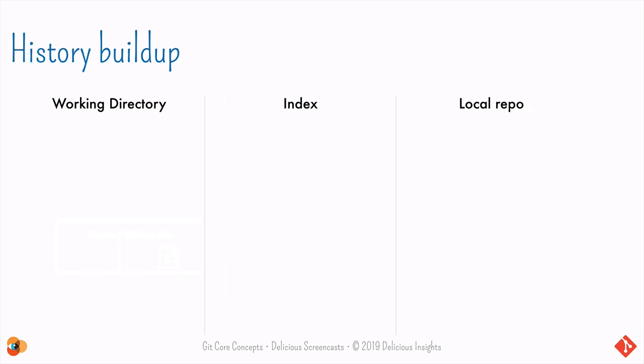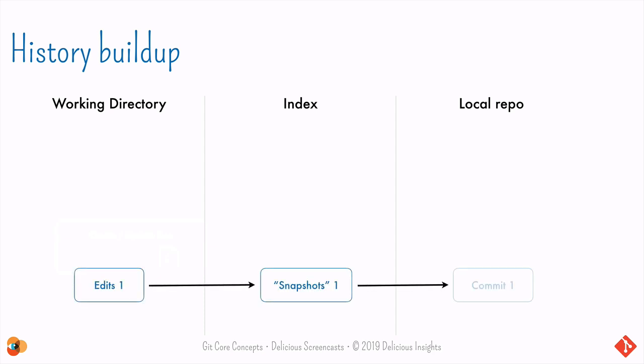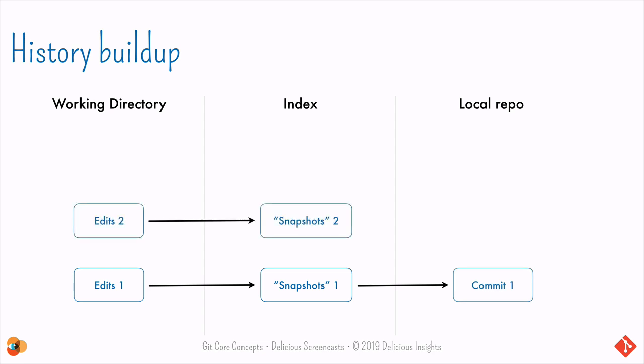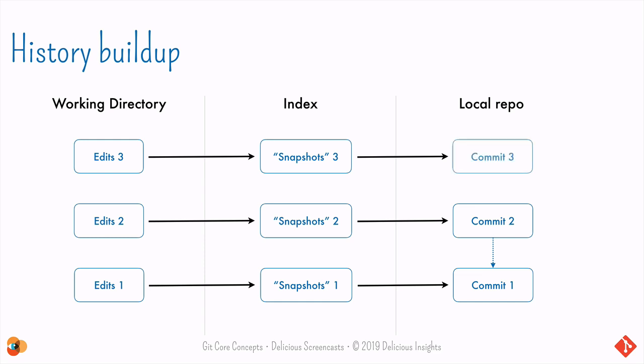Chaining commits on top of each other builds up what we call the version history. If we repeat the transitions we saw through all 3 main zones, we get a first commit, and then a second, and a third. Notice how in the local repo we use arrows here between commits. They link commits together from child to parents, describing a temporal sequence.